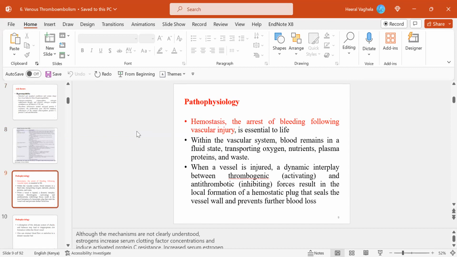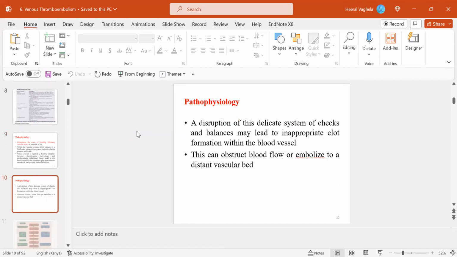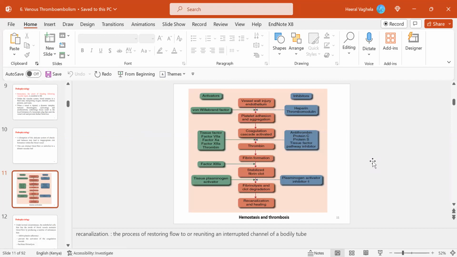So pathophysiology, again, is the same as how the clot is formed, like over here you can see. Some of the inhibitors for this coagulation pathway would be heparin and thrombomodulin.